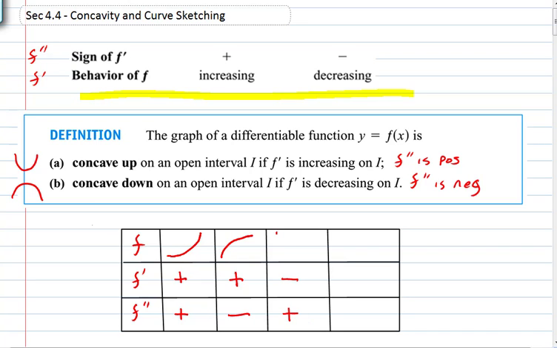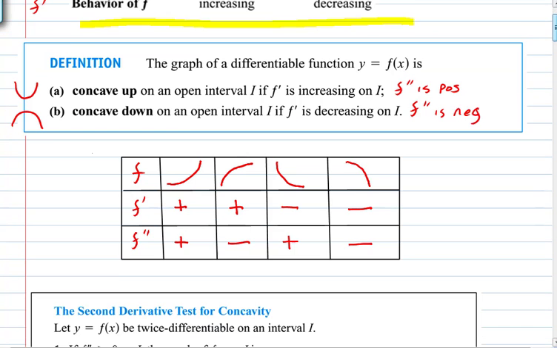Decreasing concave up has this shape. And then if the second derivative is negative and the first derivative is negative, the graph would be decreasing concave down. And that's this shape.